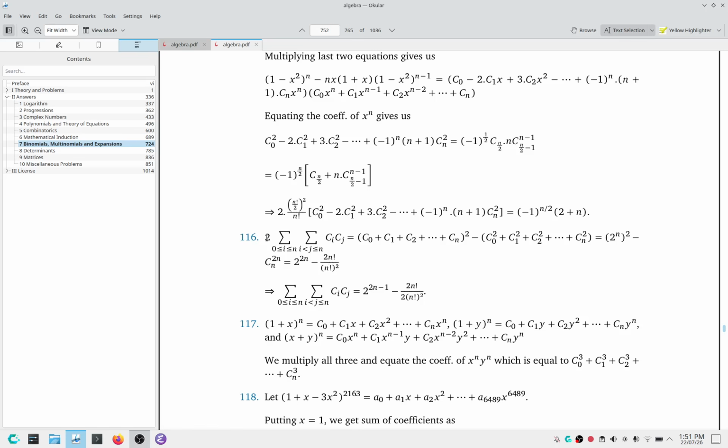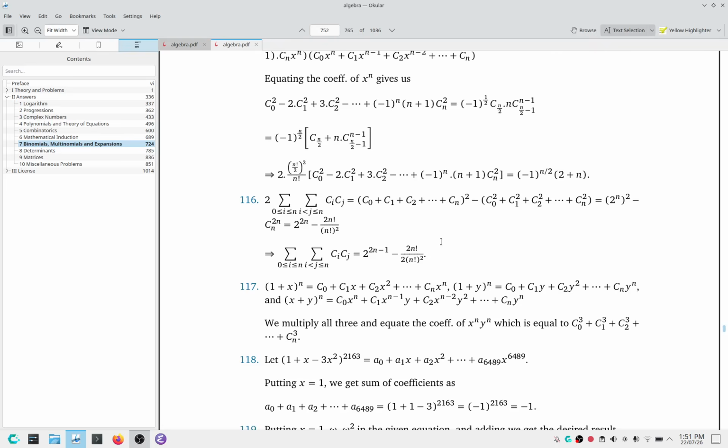Now you see that this is 2 times the sum of ci cj, so we divide by 2 here, and we get 2^(2n-1) - (2n)!/(2 (n!)^2). It is not difficult to compute this. I completed it verbally, but you should use pen and paper and not rely on verbal calculation, because in an exam, verbal calculations won't work.